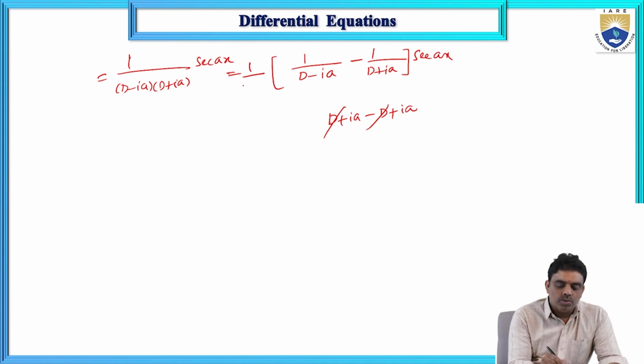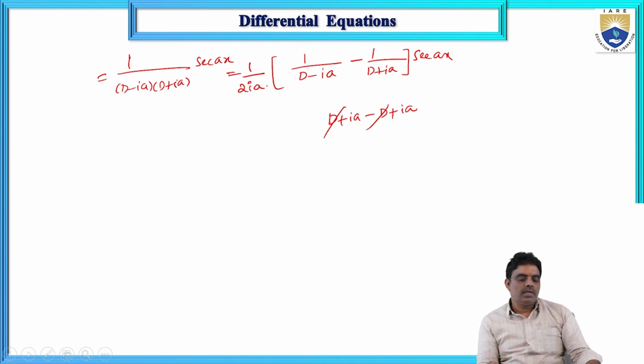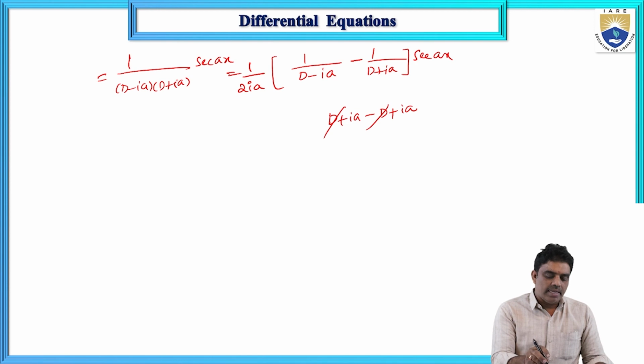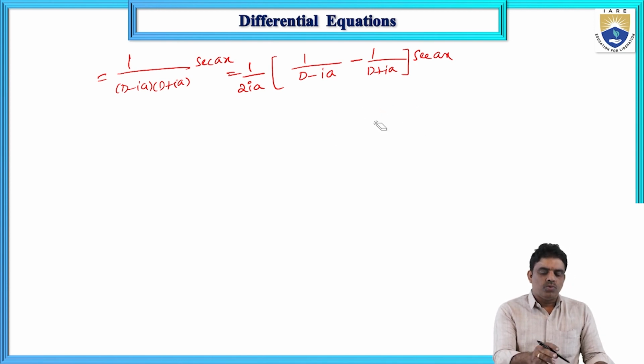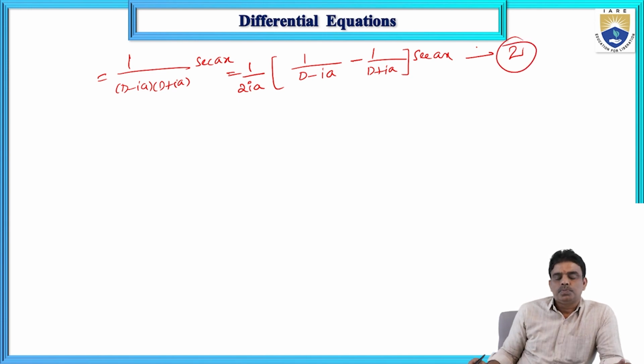So to cancel out 2ia, I am multiplying with 1 by 2ia. Am I right? Now the expression is 1 by 2ia of 1 by d minus ia of secant ax minus 1 by d plus ia of secant ax, and call this equation number 2.